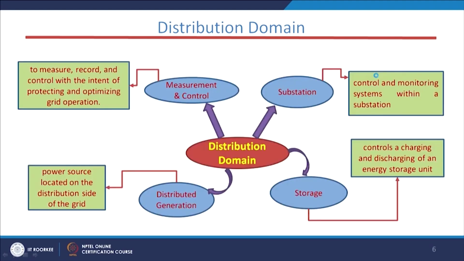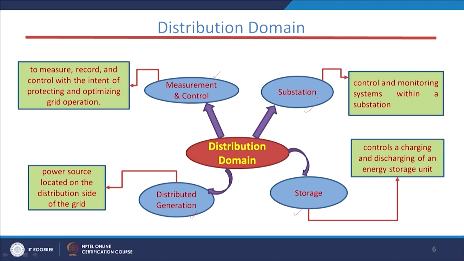And coming to the function of the components of the distribution domain, here you could see the measurement control, we have distributed generation, and we have storage, we have substations. More or less it is equivalent to the transmission domain part.